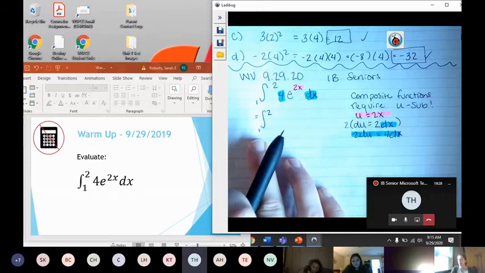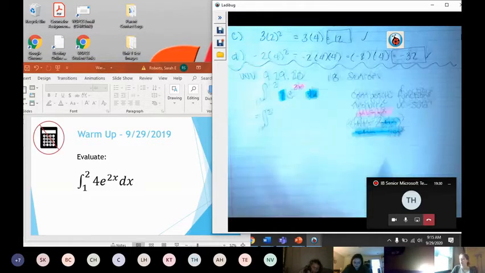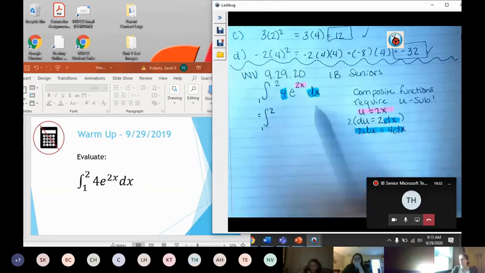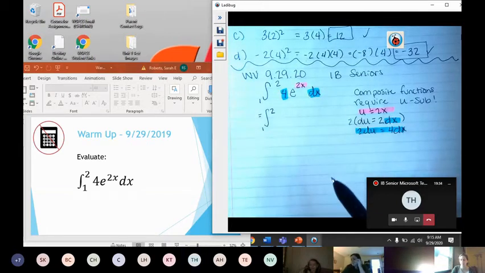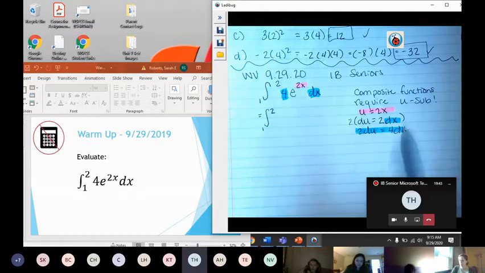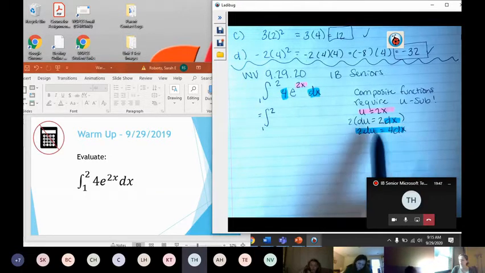We're going to switch them back in a minute. Okay. So how do I sub all this stuff in, all the pink and blue that we highlighted? So the 4dx, we're going to rewrite as what?